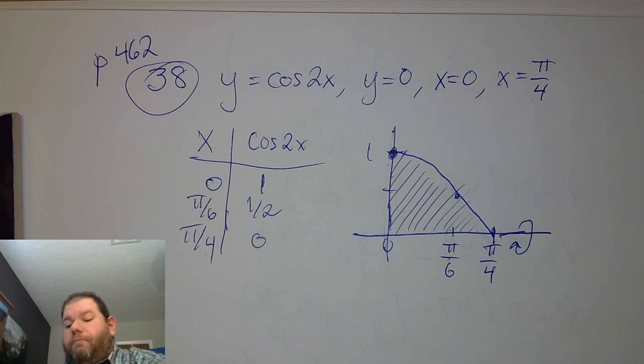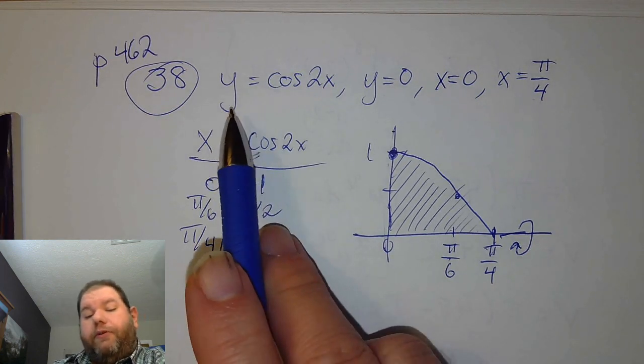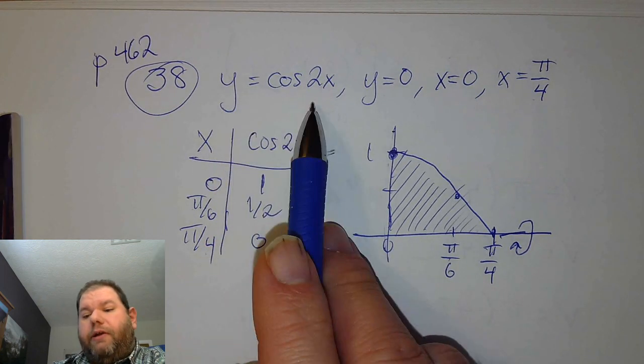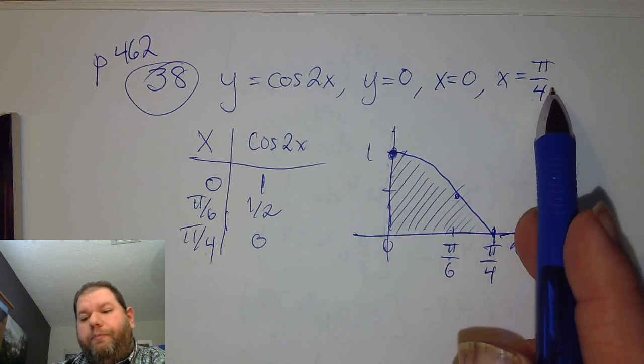I'll just start over here. We have y equals cosine of 2x, given y equals 0, x equals 0, and x equals pi over 4.